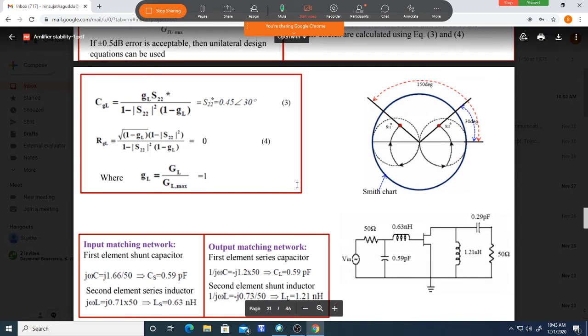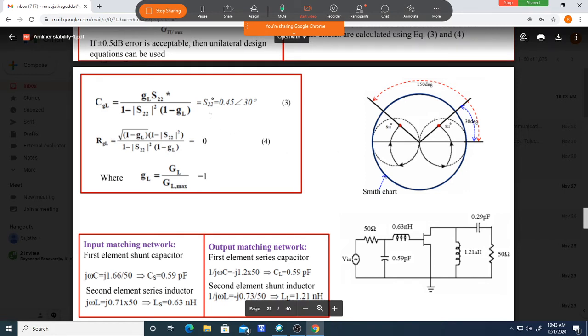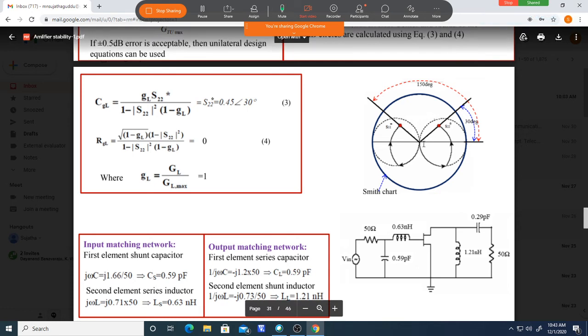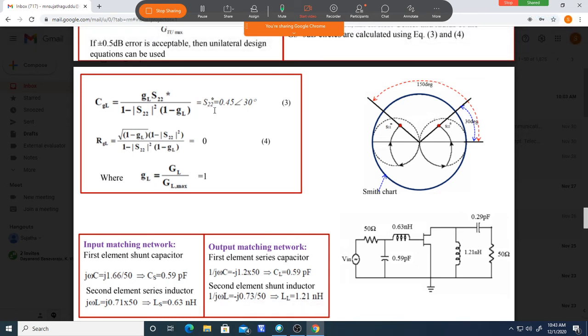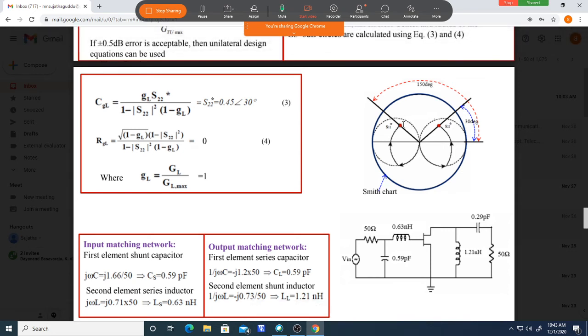So here you need not draw the circles. You calculate the center and mark the center over the input gain circle and output gain circle. There is no circle, they just become points on the Smith chart. So this is a point for input, this is a point for the output gain. Okay, so this itself is the one you should take for impedance matching.